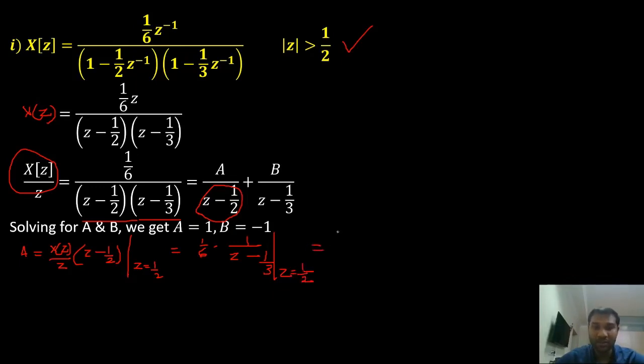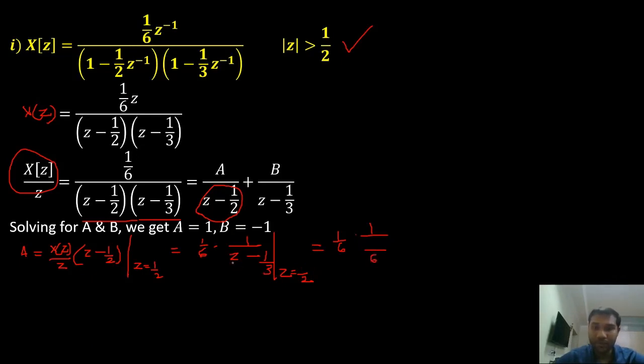So if I substitute z equals 1 by 2, what will happen? 1 by 2 minus 1 by 3. I'll take the LCM for the denominator, so the denominator is 6.